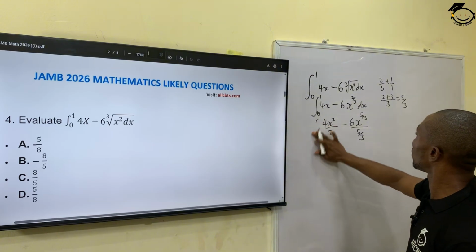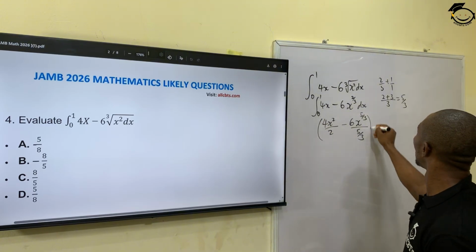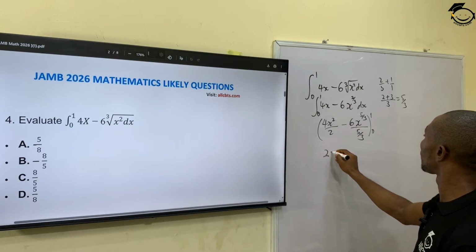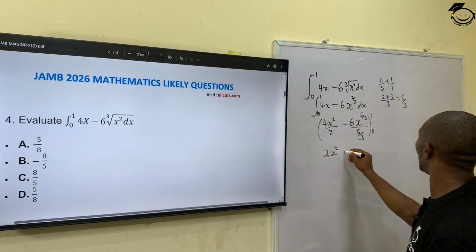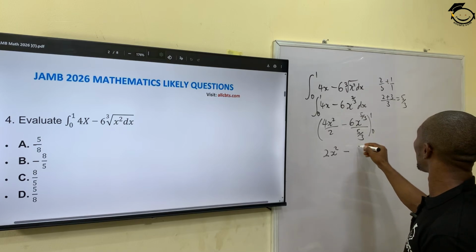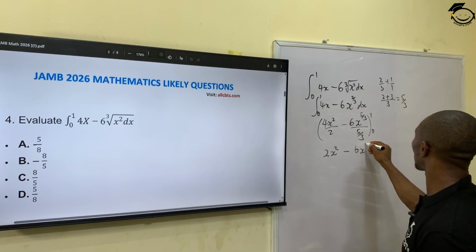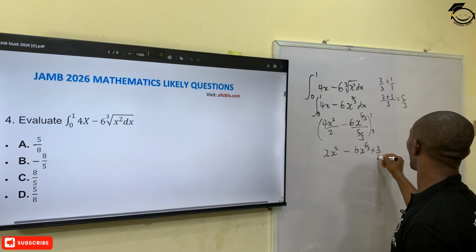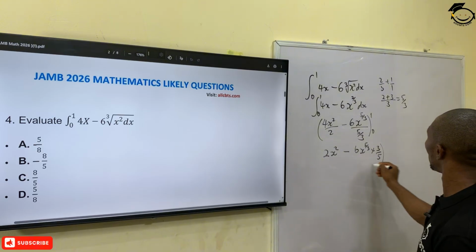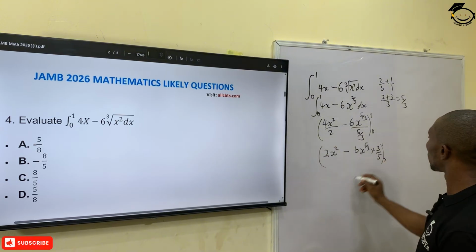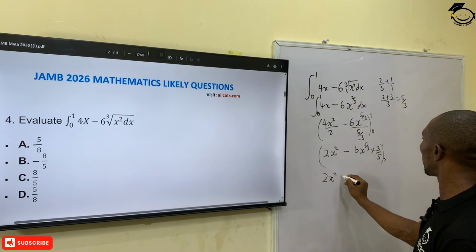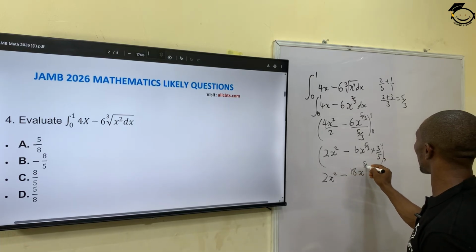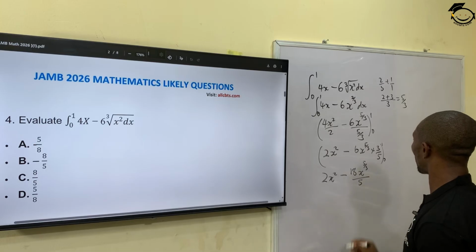Now, if we turn this around, this gives us 2x squared minus 6x raised to 5 over 3 times 3 over 5. So this will give us 2x squared minus 3 times 6, 18x raised to 5 over 3 all over 5.